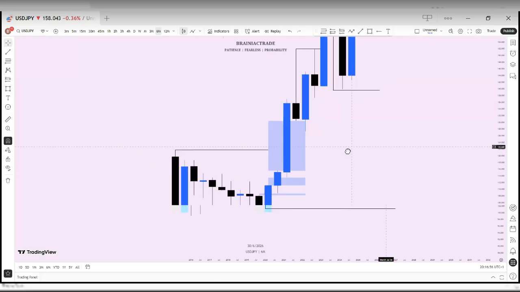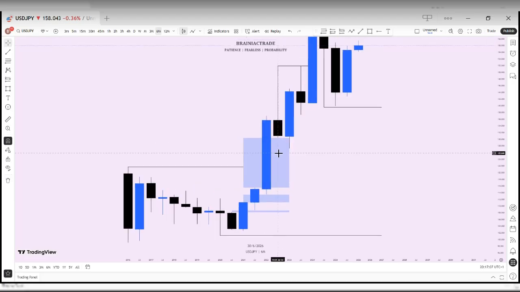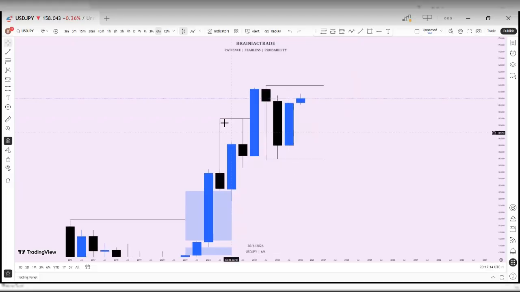Now I see this buy side liquidity gets taken out, this candle sweeps it, then it leaves a fair value gap here, which the market comes back to and mitigates. It did not mitigate it fully, but at least it mitigated part of the fair value gap. Then price moves forward and sweeps this one.